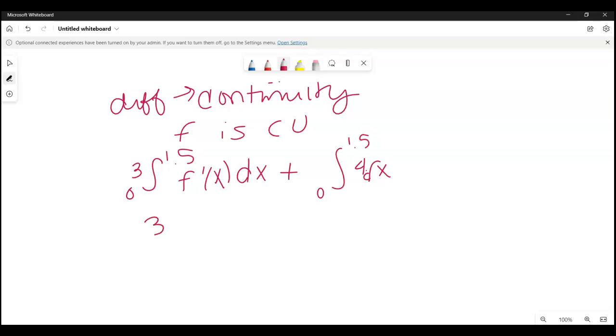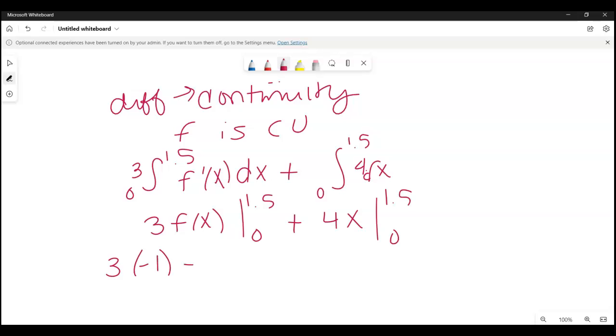So then you get 3f of x from 1.5 to 0 plus 4x from 1.5 to 0. So then you get 3f of x at 1.5, which comes from the table, so you get -1 minus 3 times f of x at 0, which is -7, plus 4 times 3/2 minus 4 times 0.